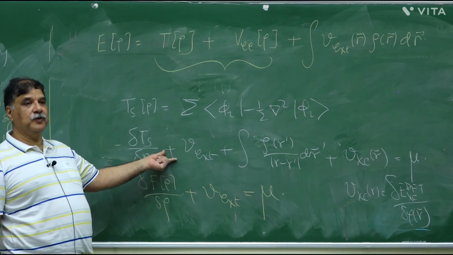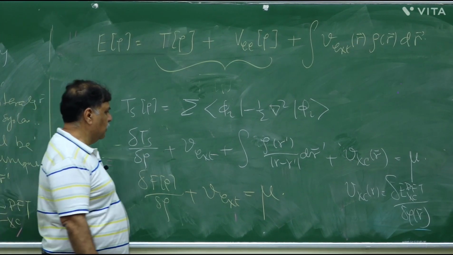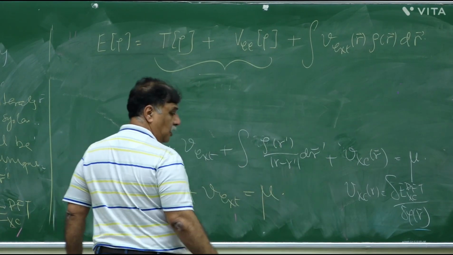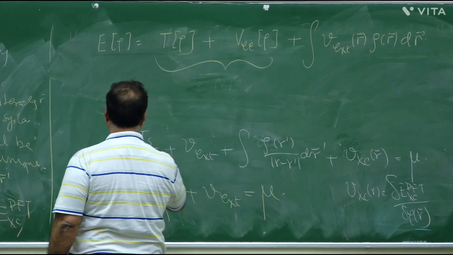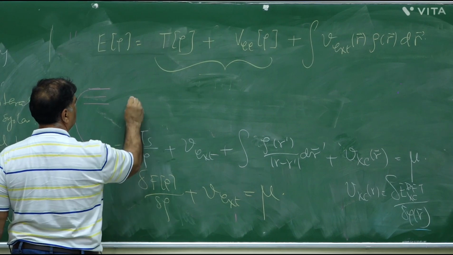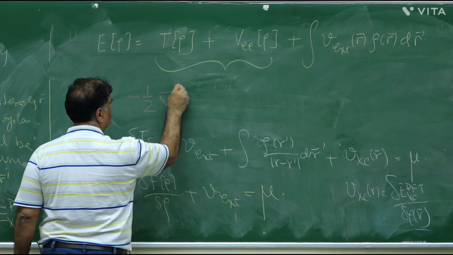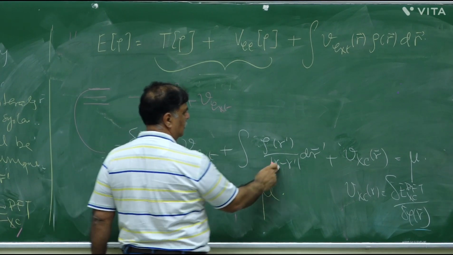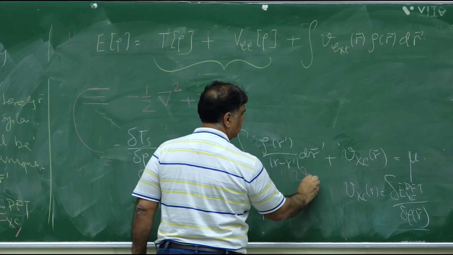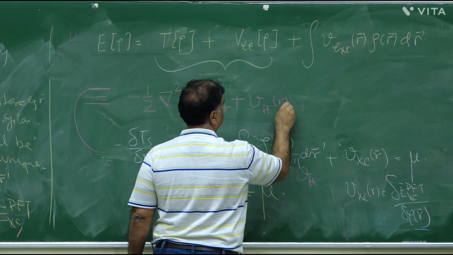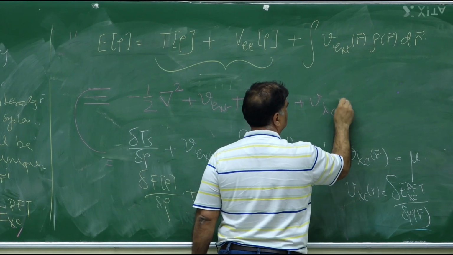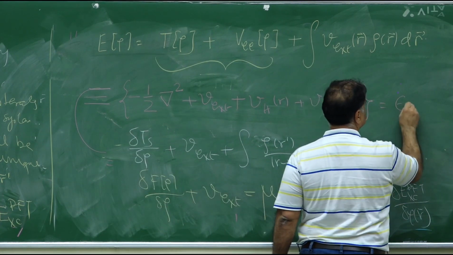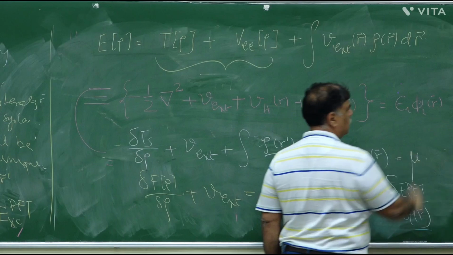Right? However, this is also true for non-interacting. Now, for non-interacting, the equivalent equation, I'm going to erase this, is minus 1/2 del square plus V external plus, let's call this V Hartree, plus V_xc(r), acting on phi_i(r) equals epsilon_i phi_i(r).